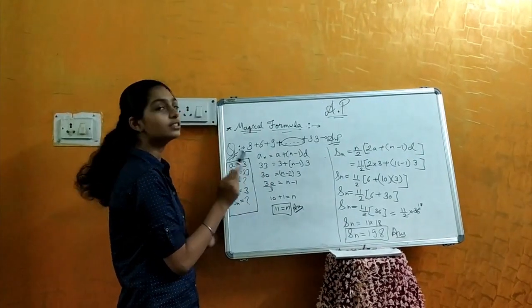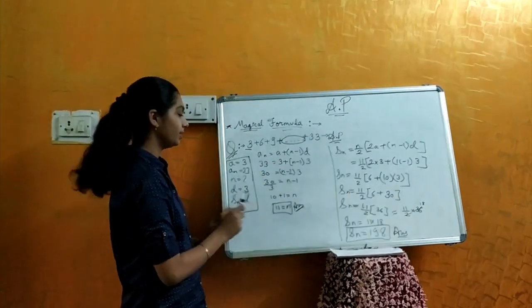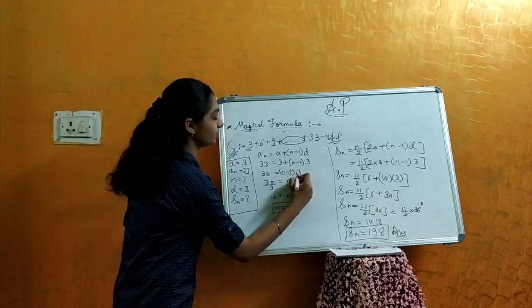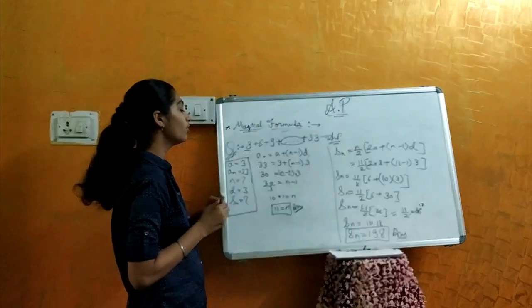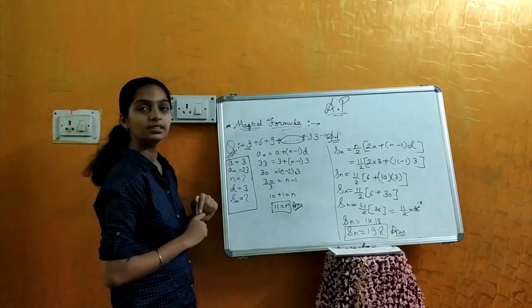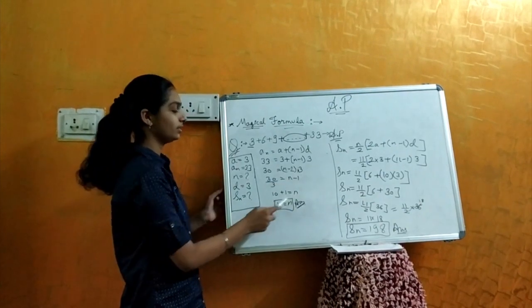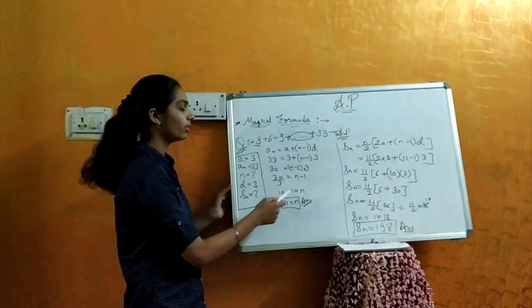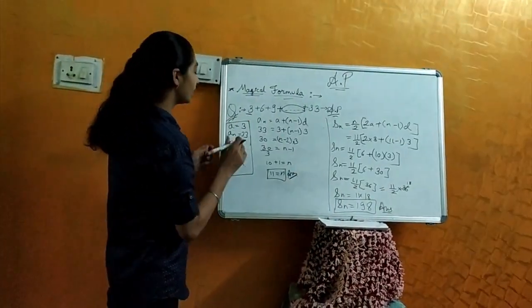It will give us 30 is equal to n minus 1 into 3. Now this 3 is in multiplication, right? So it will come here and get divided into 30. So what will we get? 10, right? 3 tens are 30, and n minus 1 as it is. So this minus 1 will come here and add to 10. So what will we get here? n is 11. So now we have got our n.